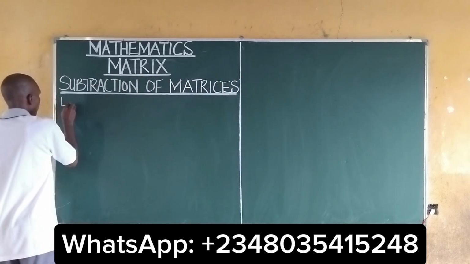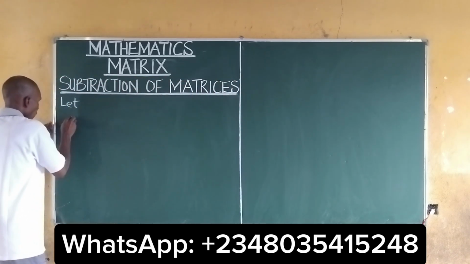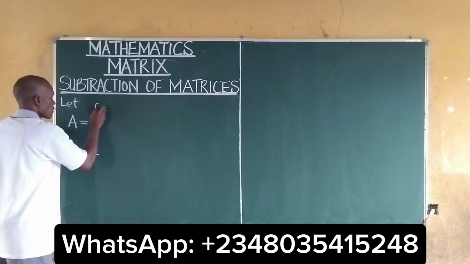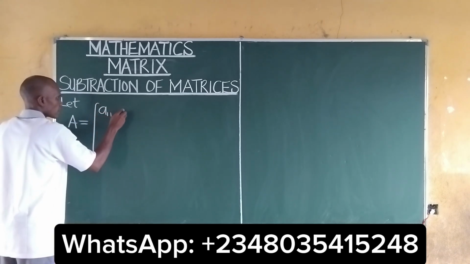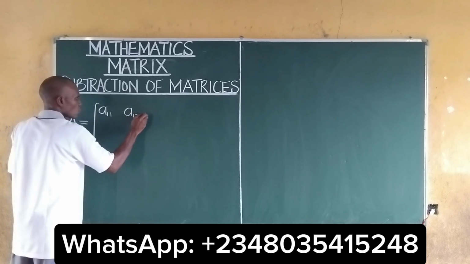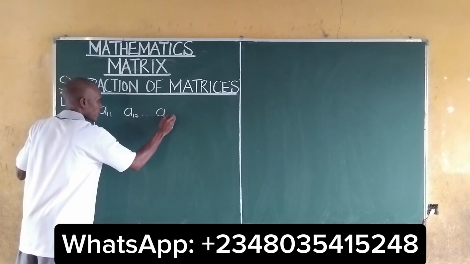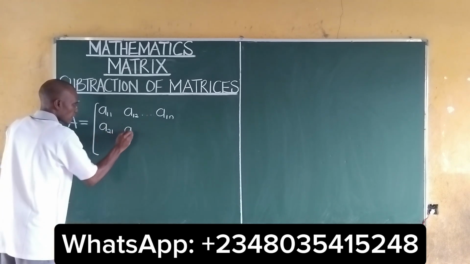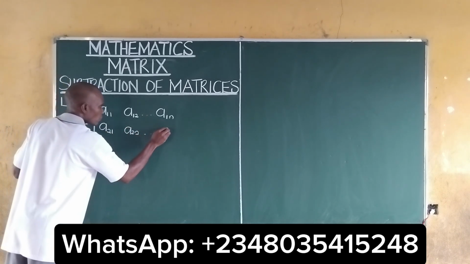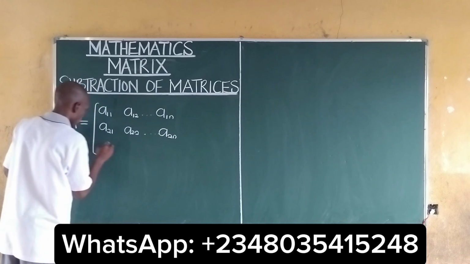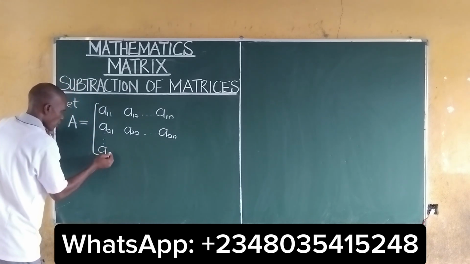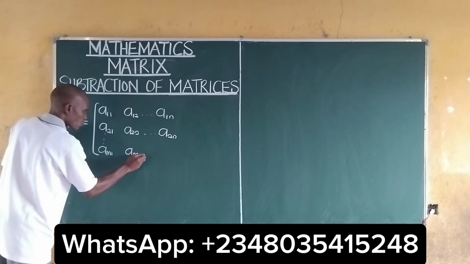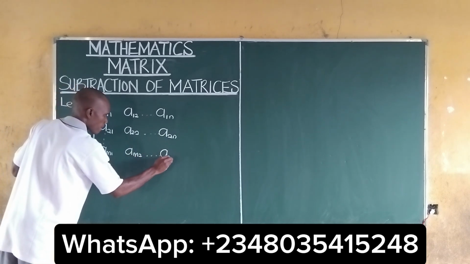Solution. We say let A be equal to A11, A12 to A1n and A21, A22 to A2n, AM1, AM2 to AMN.